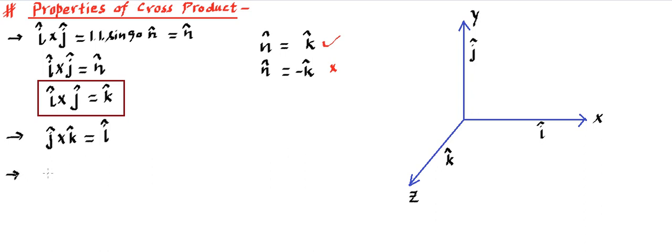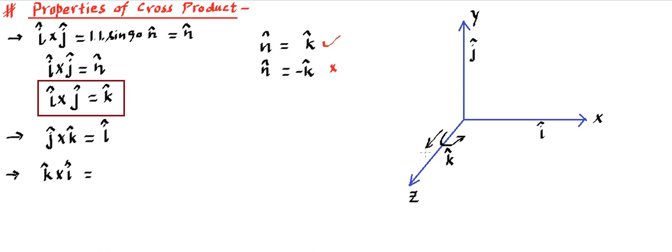if somebody asks for k cap cross i cap, again this has to be perpendicular to the k cap as well as i cap, that means it must be in the j cap direction or minus j cap direction. Again, placing your fingers first in the direction of z, that means outward, orient in such a way so that you can curl naturally these fingers in the direction of x.